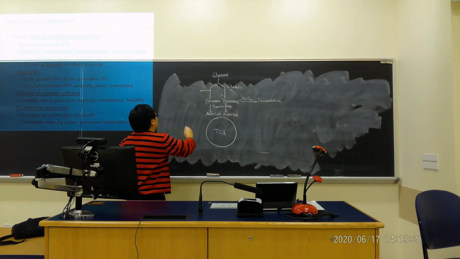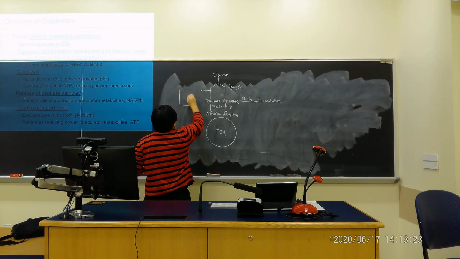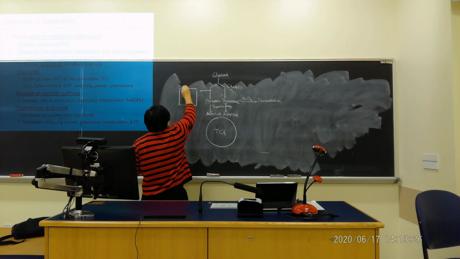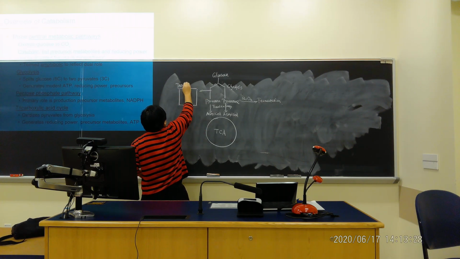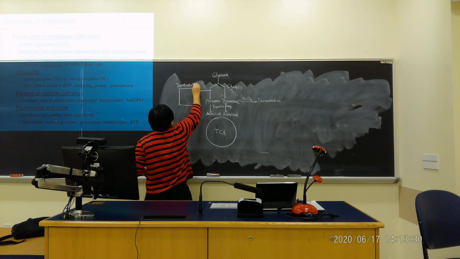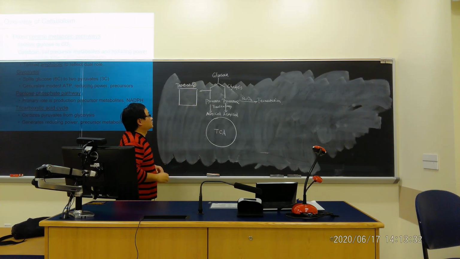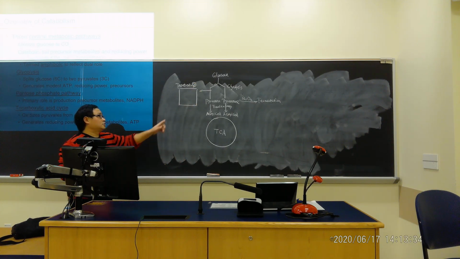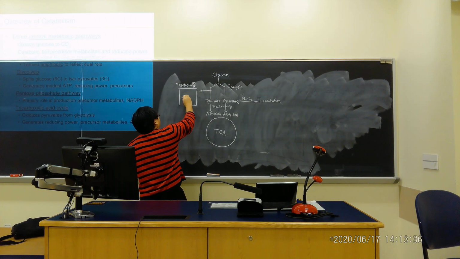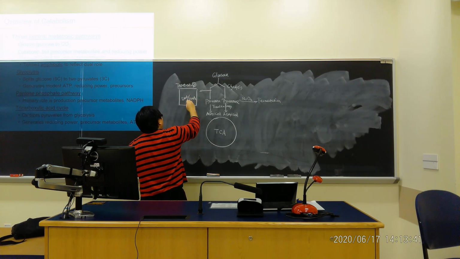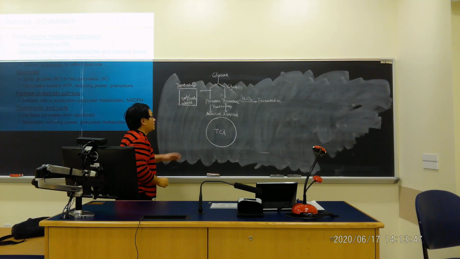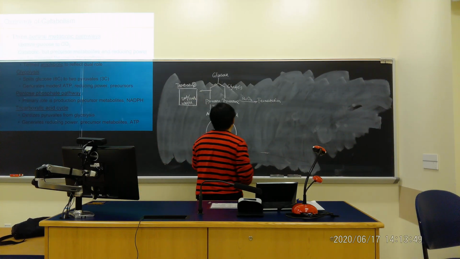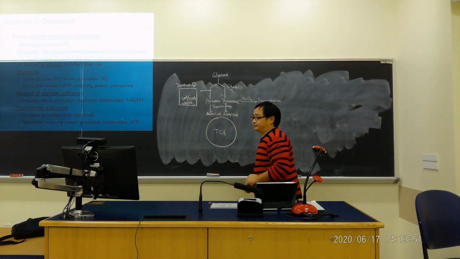Something will happen right here in this corner. This is the pentose phosphate reaction. This is used to generate the precursors of DNA and RNA, and this is related to NADPH, the electron carrier, whereas here we rely on FAD or NADH.